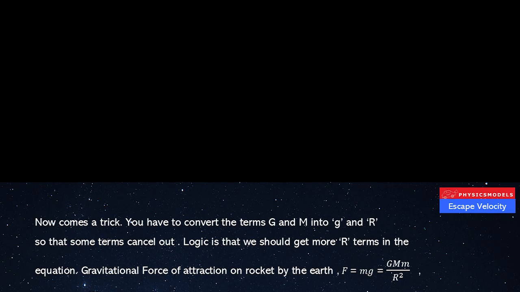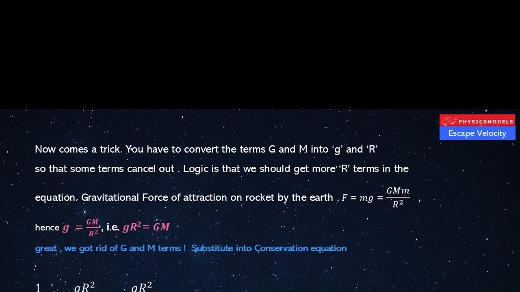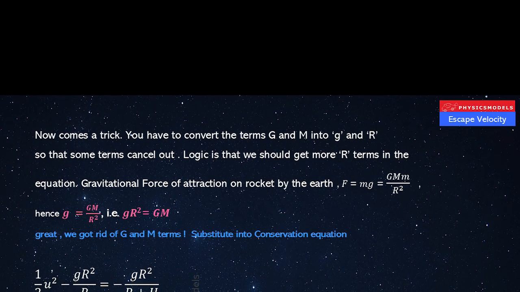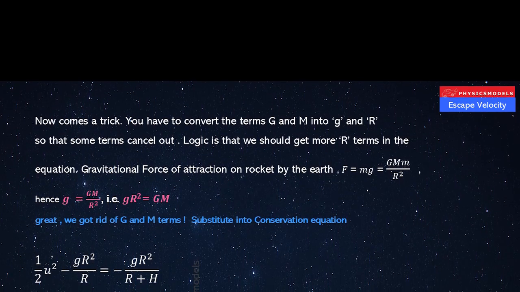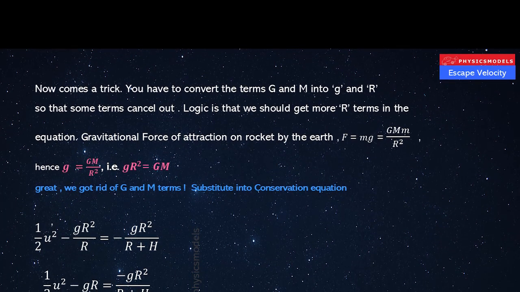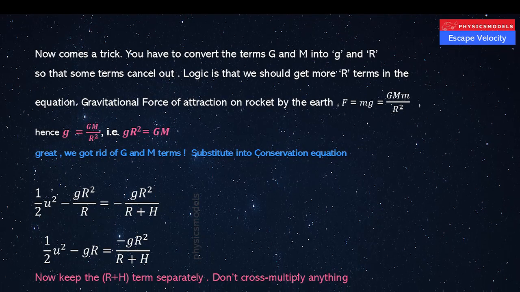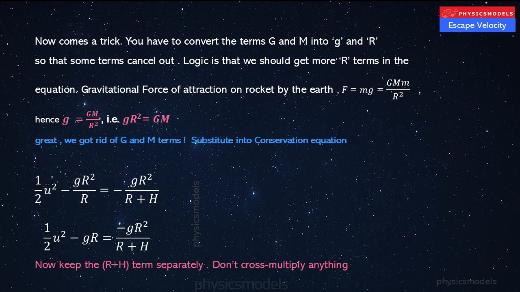The gravitational force of attraction on that mass is also equal to GMm by r squared. Equate these two and we get capital G into capital M equal to small g into r squared. Put that into the earlier equation and we get half u squared minus gr equal to minus gr squared by r plus h.